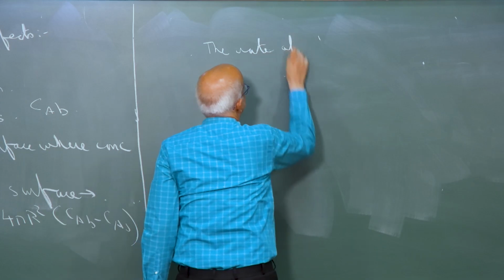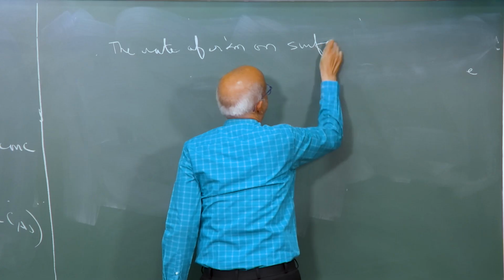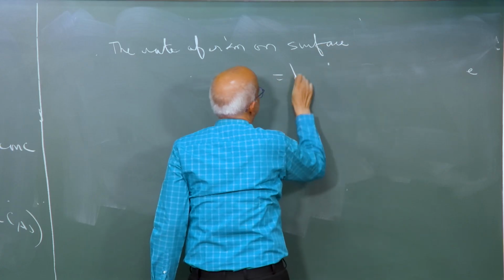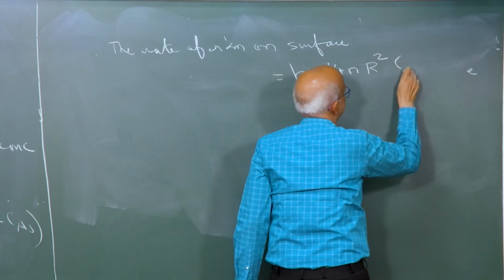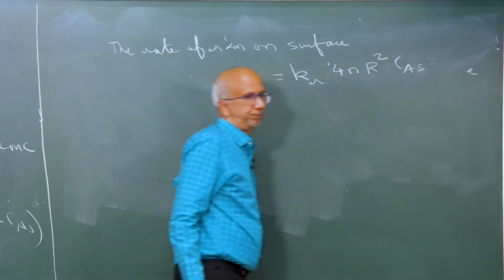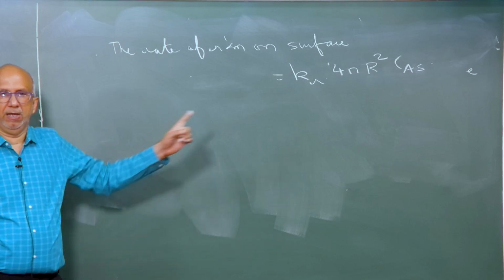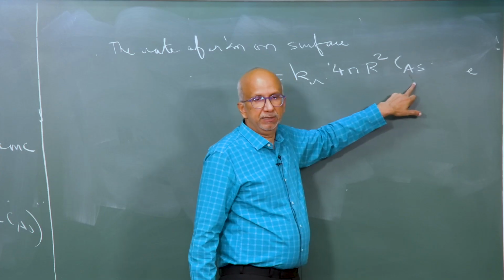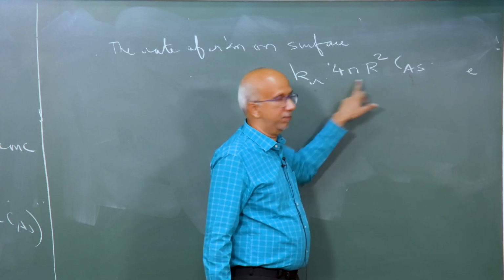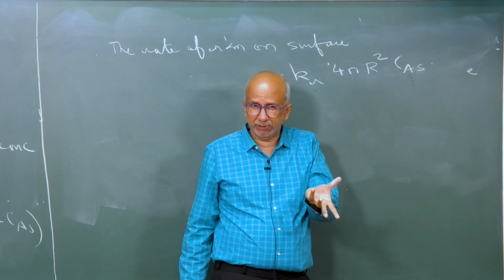The rate of reaction on the surface is going to be given by Kr times 4 pi r squared times CAS. Okay. This is the rate of reaction, and I am assuming again it is a first order reaction, and therefore, it is the reaction rate constant multiplied by CAS, and this reaction rate is defined on a per unit surface area basis.